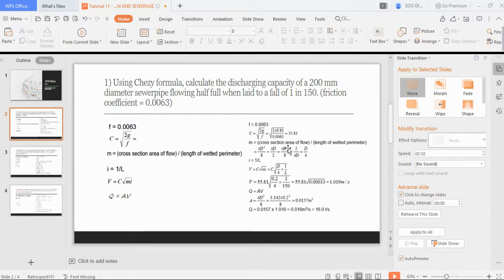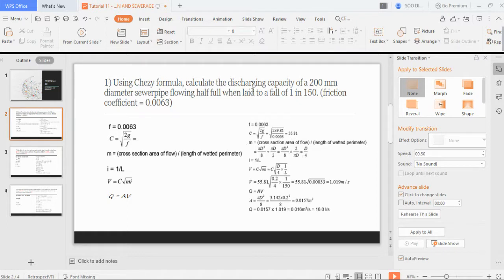Next, you need to know your M. You have a formula which is V equals C square root of M I. I is your inclination and M is the cross section divided by the length of the wetted perimeter. M is actually the same for a pipe whether it's full or half.